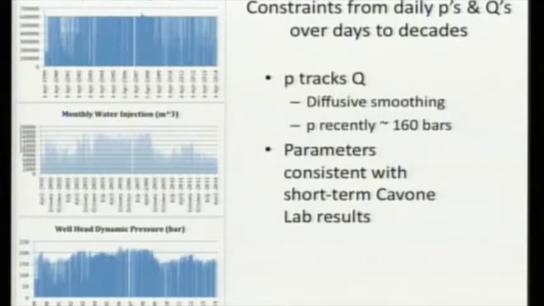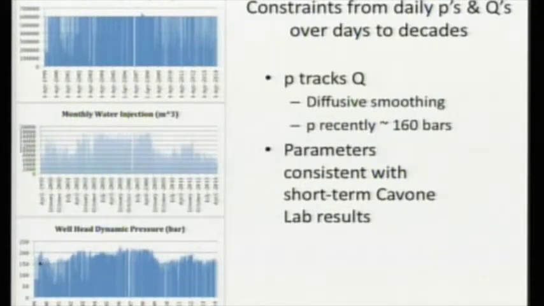We can move further away by making use of the fact that we have records of the daily water injection starting in, well, here in 1999, though the field began in the early 80s, up until the present. It's hard to see what's going on here in this plot, so I've compiled those into monthly water injections. So you can see the injection rate increased, reached a steady state, and then it decreased.